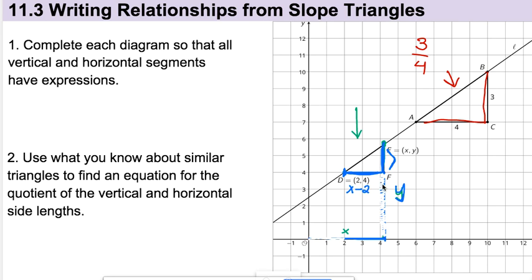I'm erasing 1, 2, 3, 4 units. So this distance is going to be Y minus the 4 units that I just erased. Okay. So my vertical distance is Y minus 4. My horizontal is X minus 2.